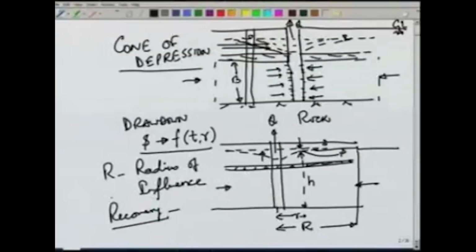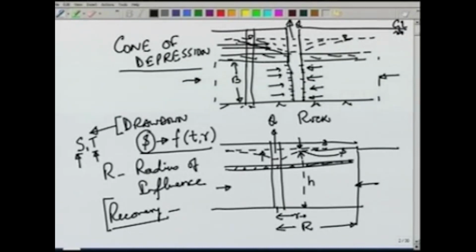So, all these are important in the sense that if we measure the drawdown, it depends on the aquifer properties S and T. If we measure the drawdown, we can estimate the parameters S and T from the observed values of s, small s, which is the drawdown.